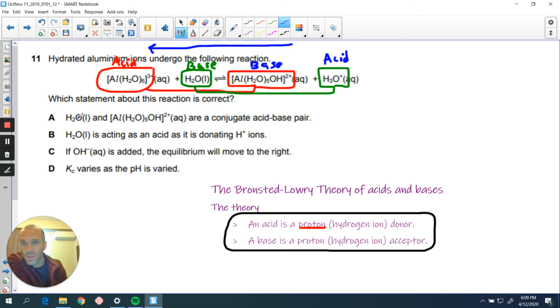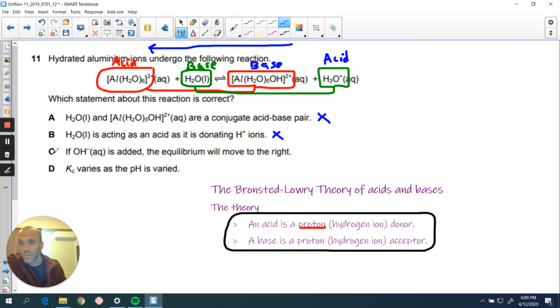So the H2O and the aluminium ions here, the 2+ ones in the product, they are not a conjugate pair. So this is incorrect, okay? Second point, H2O is acting as an acid as it's donating H+ ions. No, that's incorrect. H2O is acting as the base because it's the thing that is accepting the proton. So that is incorrect.